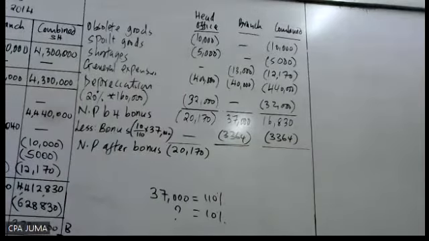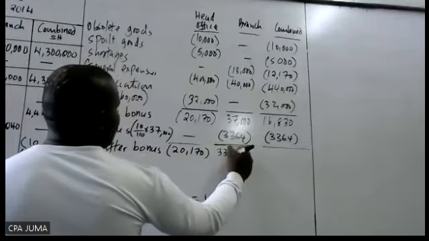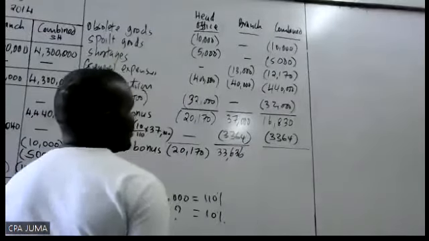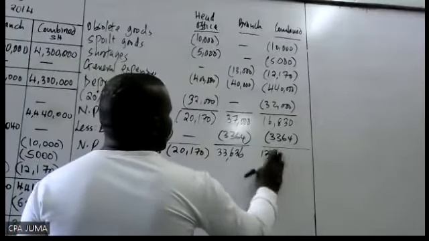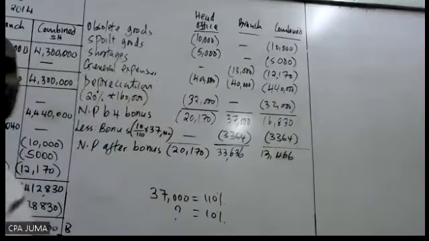So give me the net profit after bonus. 33,636. How about this one? 13,466.